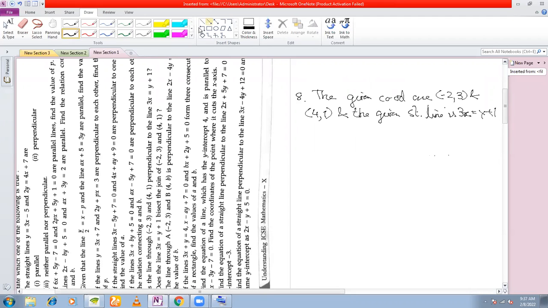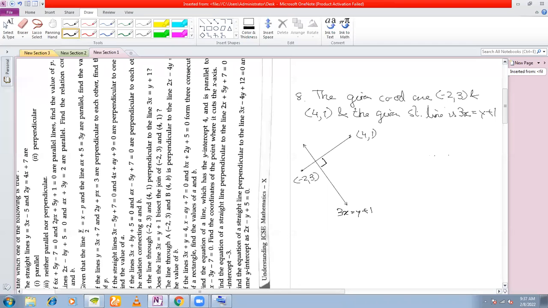Now the question states, is the join of these points, suppose if I have 2 points here, minus 2, 3 and 4, 1. Okay, join of these 2 points, is it perpendicular to this line 3x is equal to y plus 1?